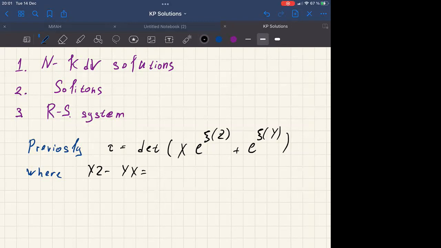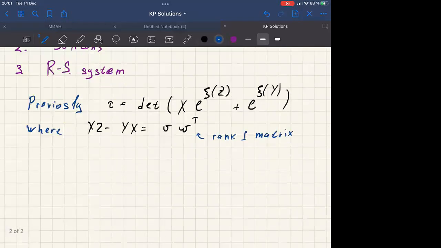Let me, which is on one matrix. Well, both x's, y's, and z are n by n matrices.